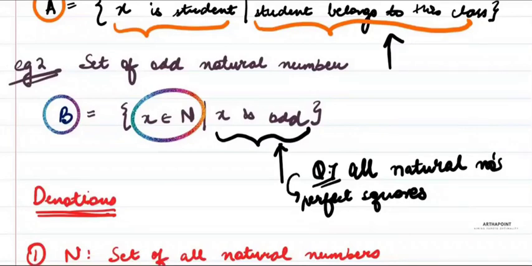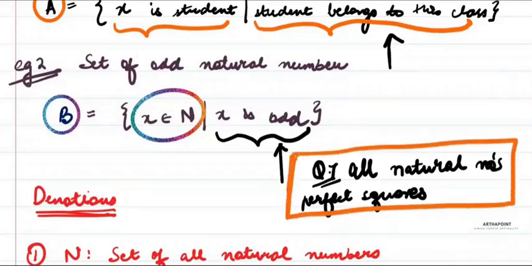So, for example, when I find out the root of 9, I get 3. When I find out the root of 16, I get 4. But when I find out the root of 2, I get 1.414. I don't want that natural number. So what I want you to do as an activity is try this question once. I want you to find out the set of all natural numbers, but those natural numbers should also be perfect squares.